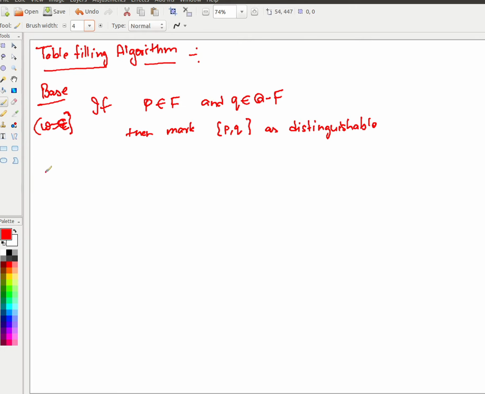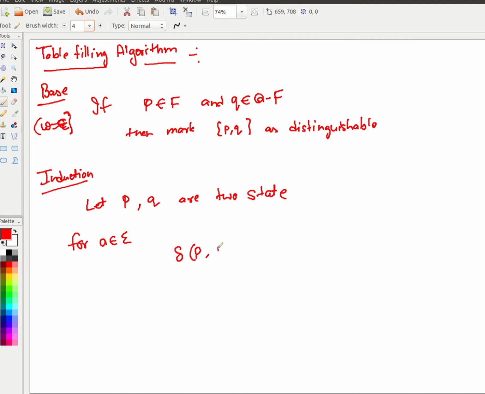Now, what is the induction here? Let P, Q be two states, and for some symbol A, if you take delta of P at A, you go to R, and delta of Q at A, you go to S, correct?